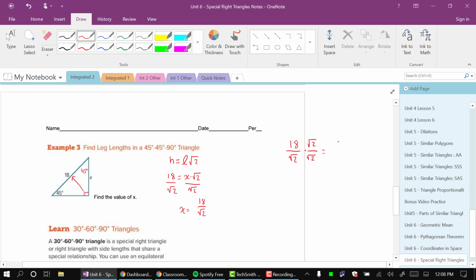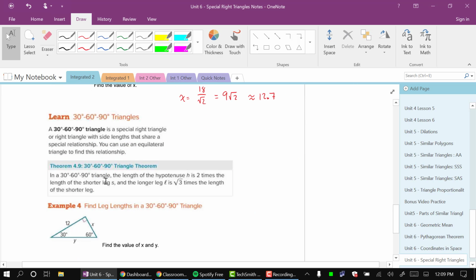So this becomes 18 root 2 over root 2 times root 2, which is just 2. We can simplify: 18 divided by 2 is 9 root 2, which is about 12.7. And 12.7 is less than 18, so that does make sense.